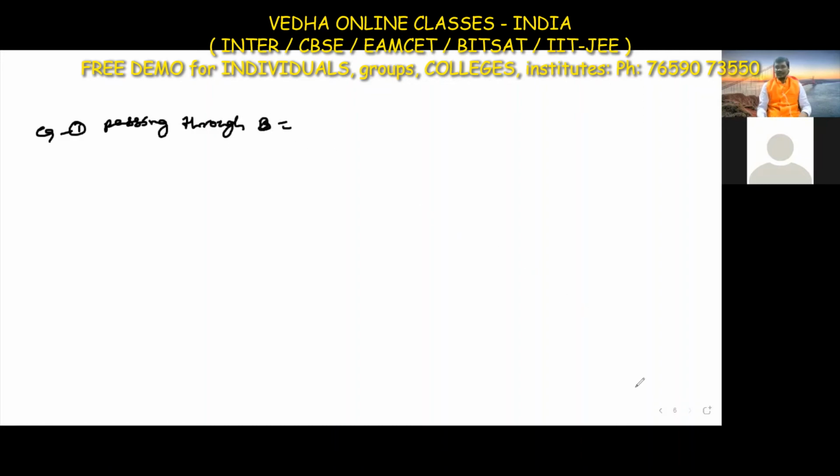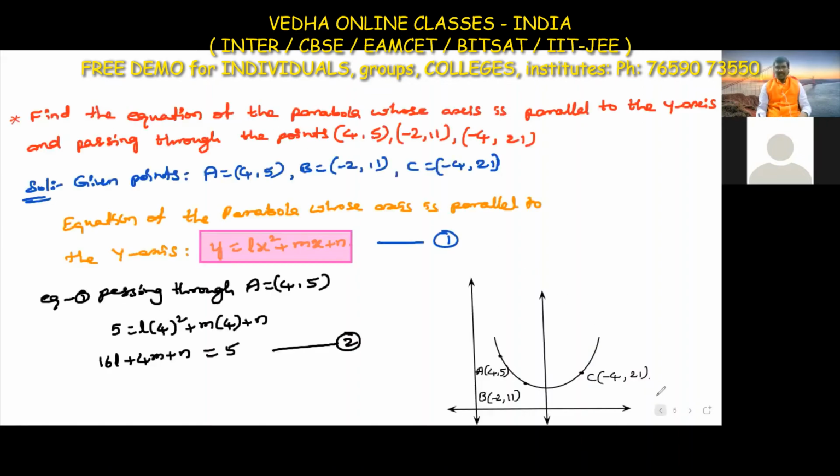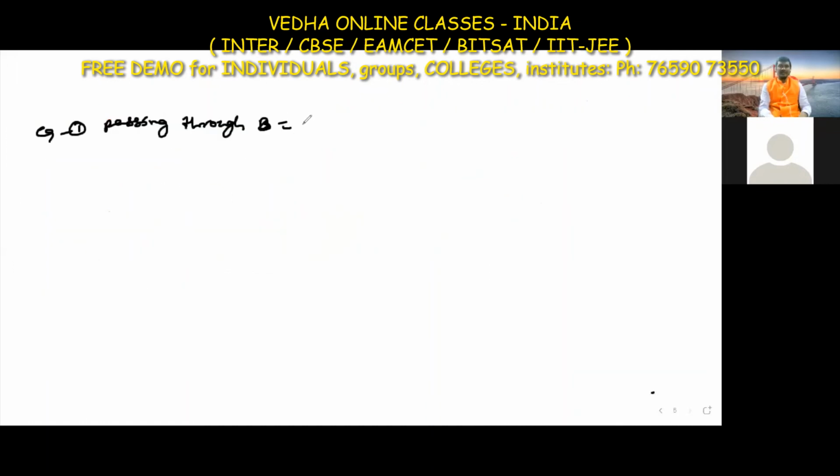The point B is given as (-2, 11). So y is equal to 11 is equal to l into x square plus m into x plus n. Minus 2 square is 4, so 4l minus 2m plus n is equal to 11. This is equation number 3.